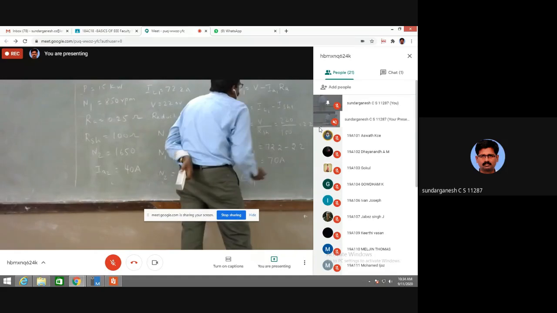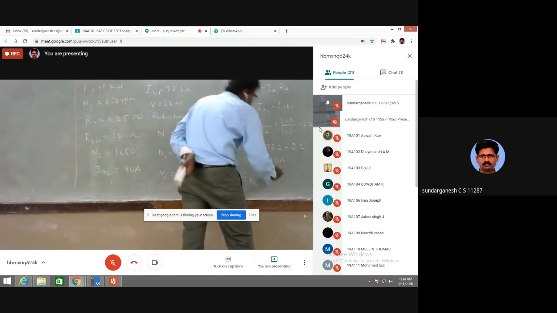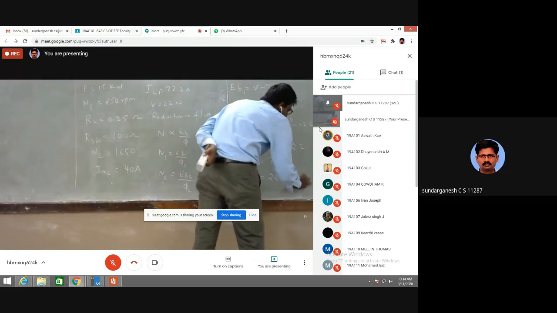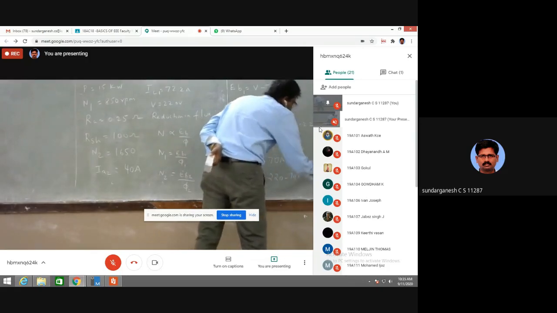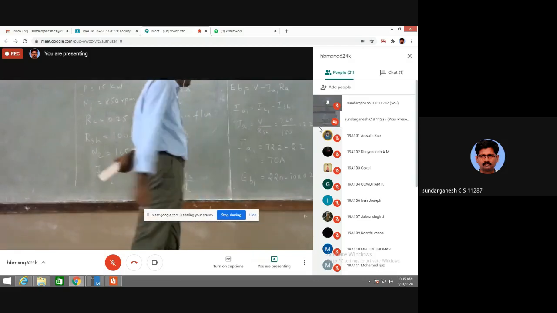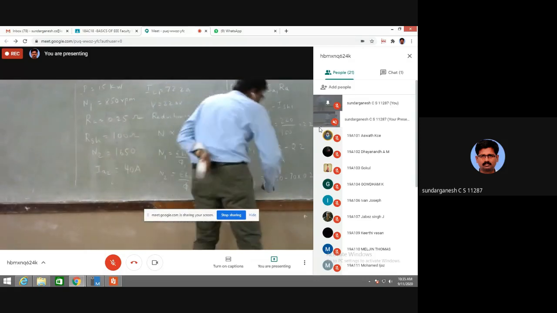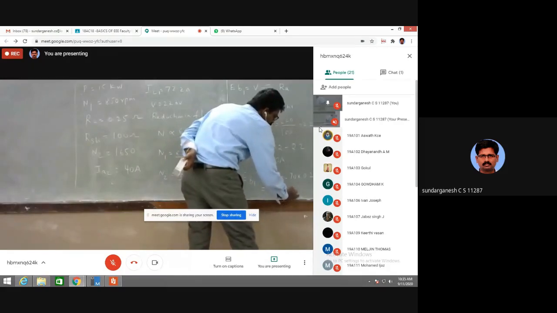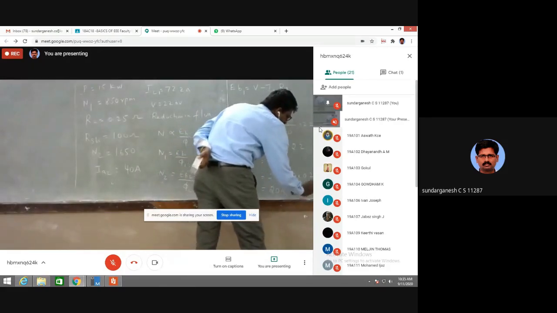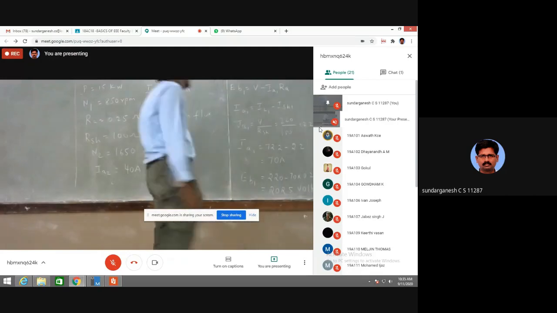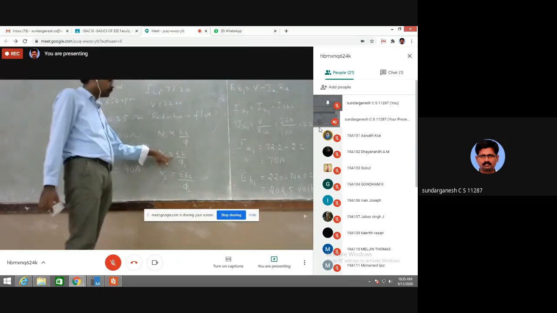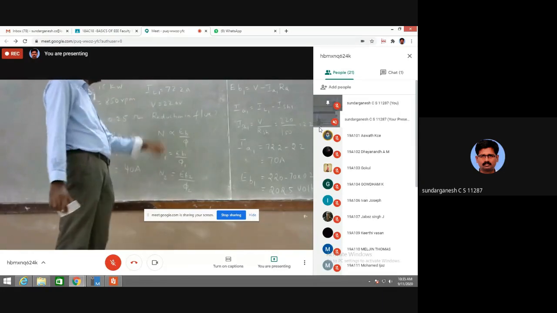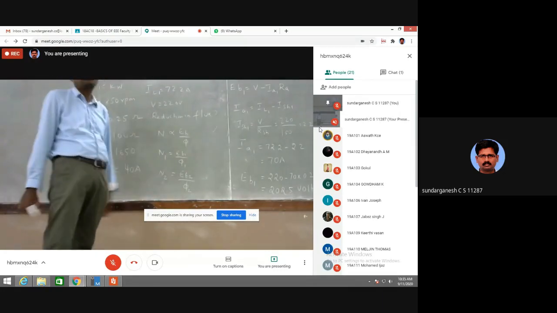EB1 equal to V minus IA1 RA, 220 minus 70 into 0.25. 70 into 0.25 is 17.5. 220 minus 17.5 is 202.5 volts. Okay, so I have only found EB1. So I have to find EB2. Then only can I divide these two equations in order to find phi 1 by phi 2.